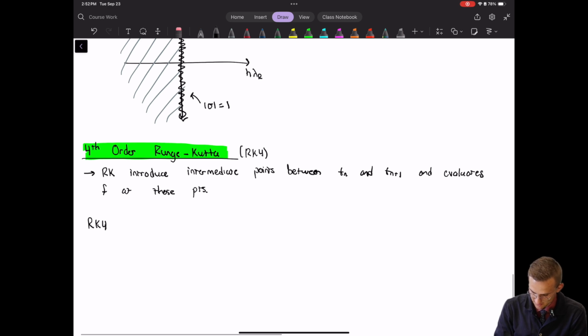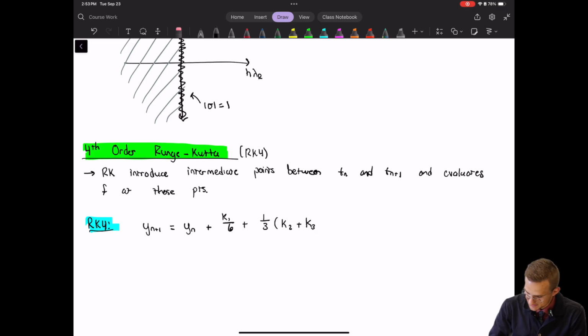This is, let's say, the algorithm definition. So we have yn plus 1 is equal to yn plus k1 over 6 plus 1/3 times k2 plus k3 plus k4 over 6. Okay, and then k1 is defined as h times f of yn, tn.